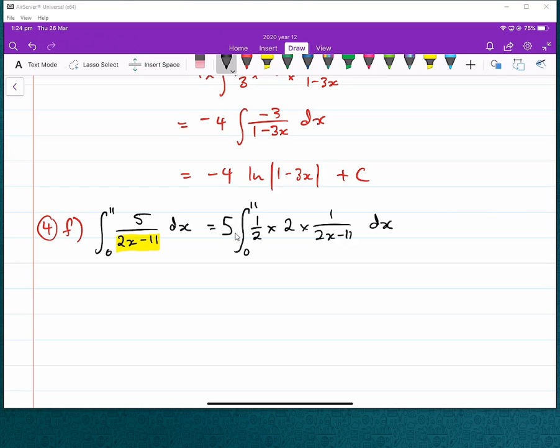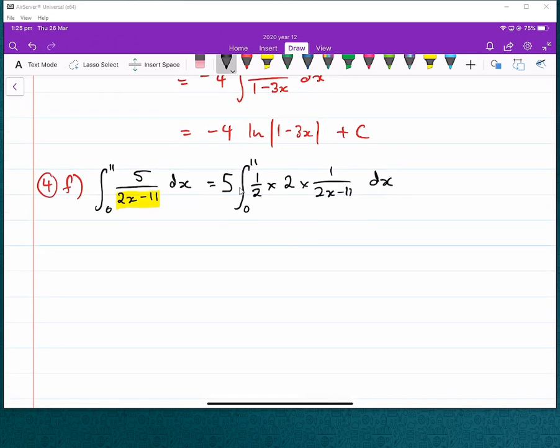So I'll put the limits on. I haven't changed this at all. The 5 has been moved out, and the half times 2 is 1. So it's still the same, but I now can pull the half out and get 5 over 2 by the integral between 11 and 0 of 2 over 2x minus 11 dx.